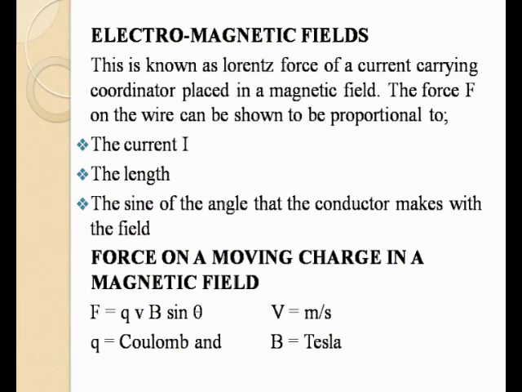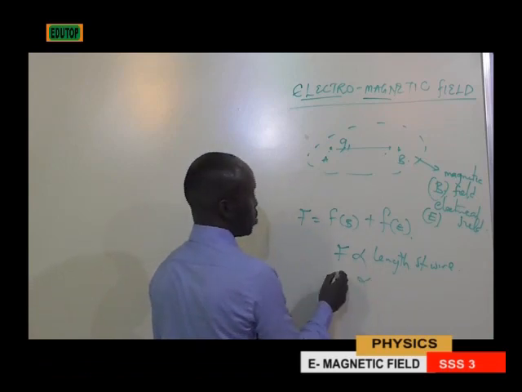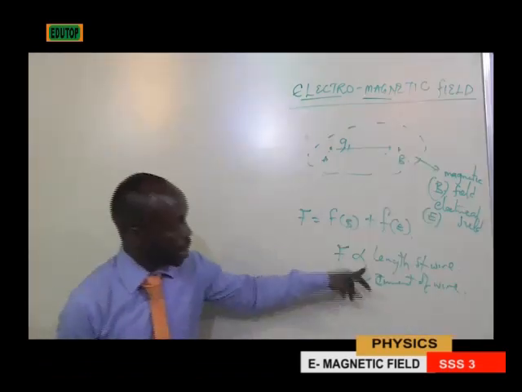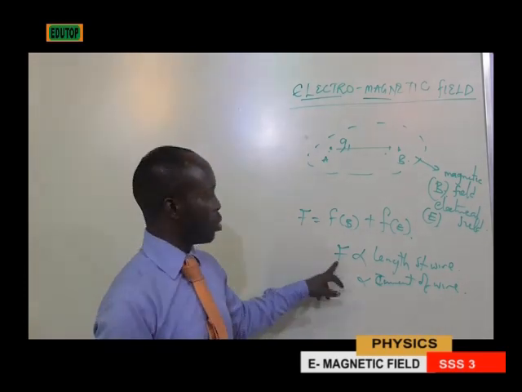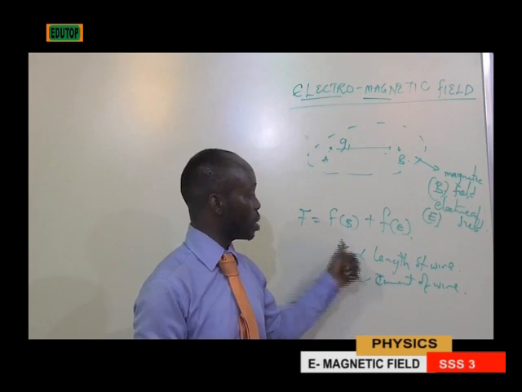Now this is known as the Lorentz force of a current-carrying conductor placed in a magnetic field. The force F on the wire can be shown to be directly proportional to, one, the current, and two, the length of the wire. This means that the higher the length of wire, the higher the force that we experience.